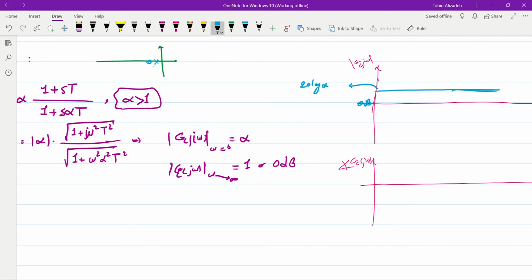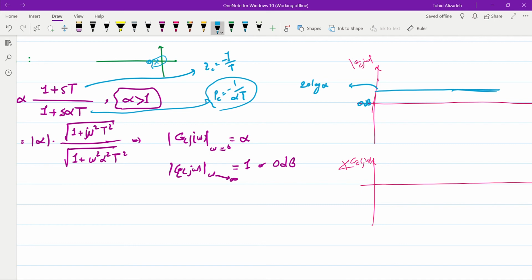Then we have the pole appearing. The pole of the controller, Pc, is at -1 over alpha T, while the 0 of the controller, Zc, is at -1 over T. So first we will see the pole and then we will see the 0.